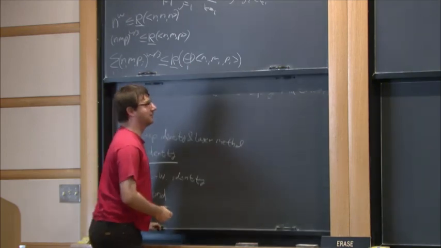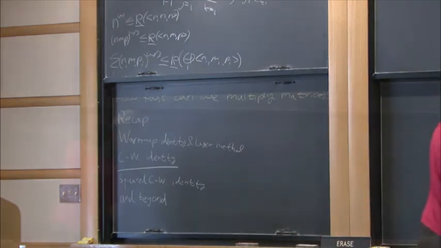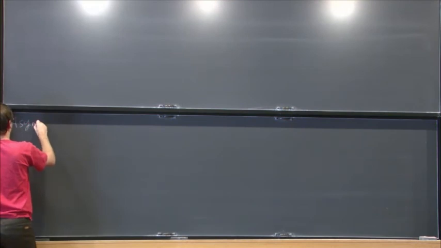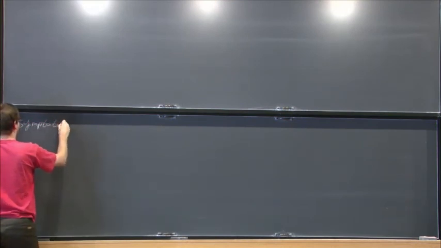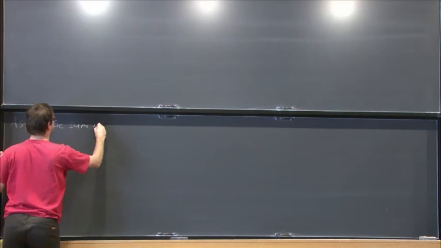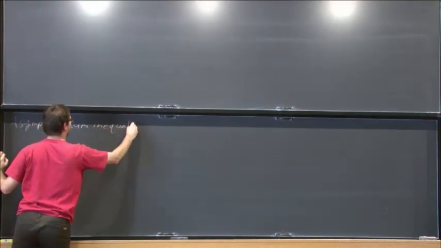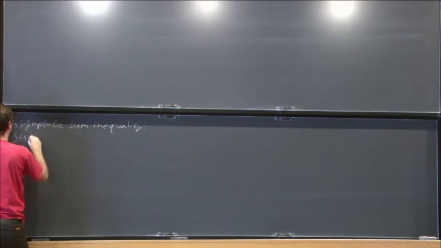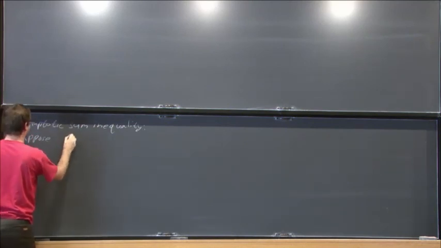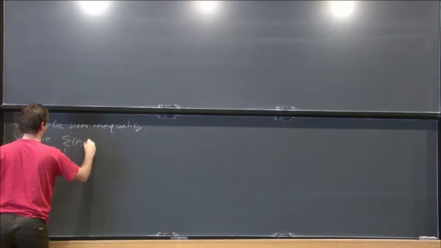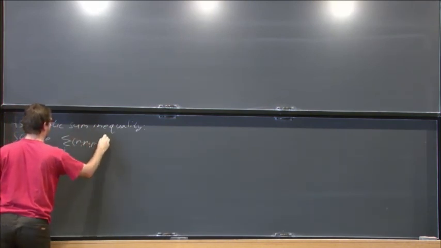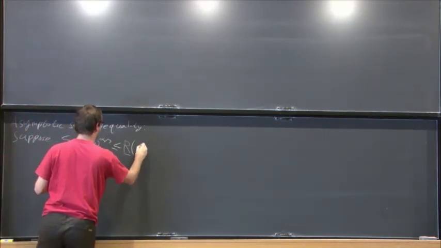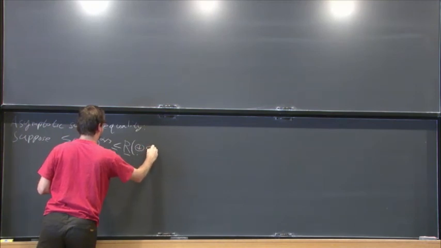Maybe I'll keep that. So the asymptotic sum inequality: suppose the sum over i of (n_i m_i p_i) to the alpha over 3 is at most the border rank of this big disjoint sum.